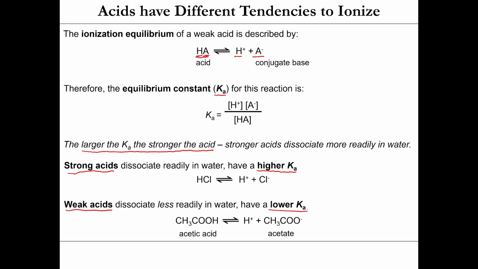There's going to be more of an amount of this HA and less of an amount of the proton and A minus, which in this case would be acetate. So really this Ka equilibrium constant gives us a way to describe this ionization ability of different acids, which is just a property of each different acid in nature.